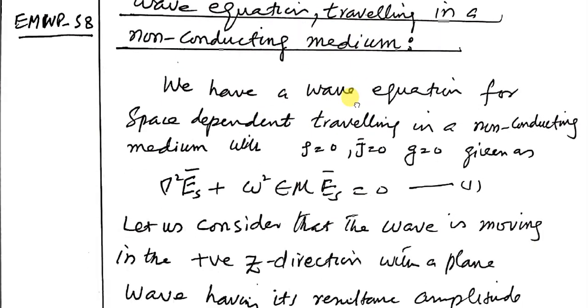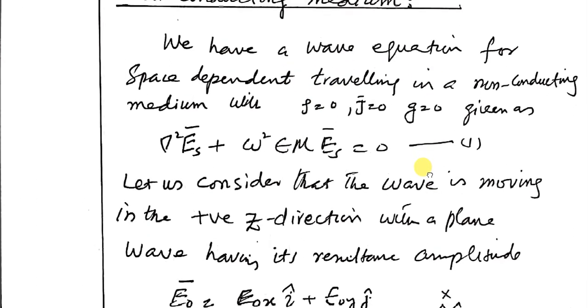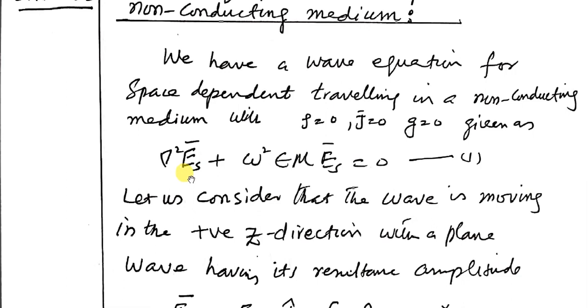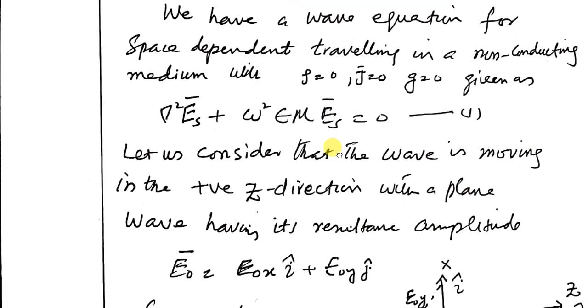We started with the wave equations which we lastly worked out for the space dependent coordinates only, which was del square of E of S, the electric field, plus omega square epsilon mu E of S, which is electric field in space part only.